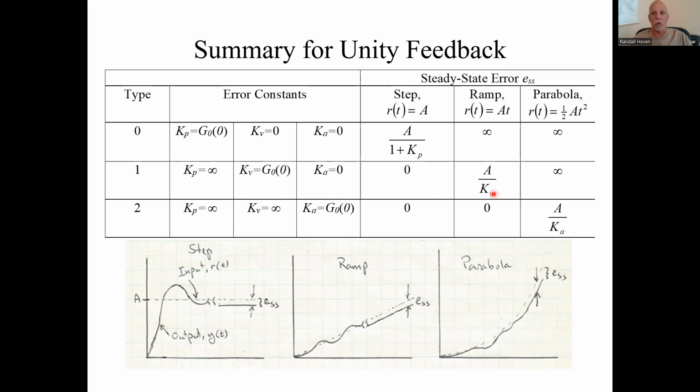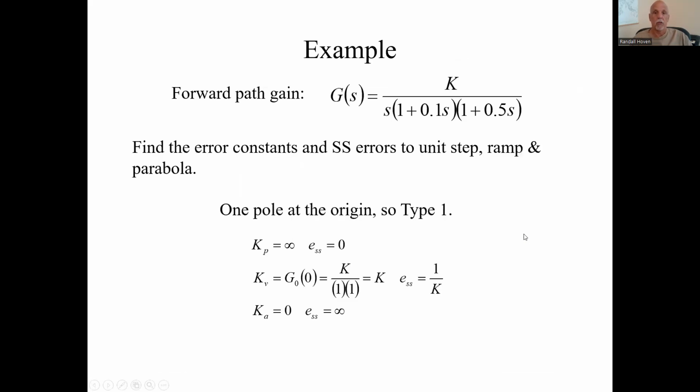We're in this row, so we get the K's right here. For our step, ramp, and parabola, it's infinity, P sub 0 evaluated at 0, and 0. Errors are 0, this non-zero constant, and infinity. We got these just from that table on the previous chart.